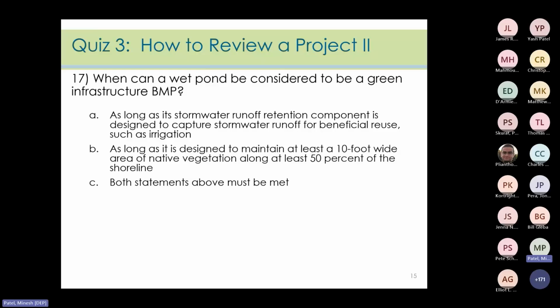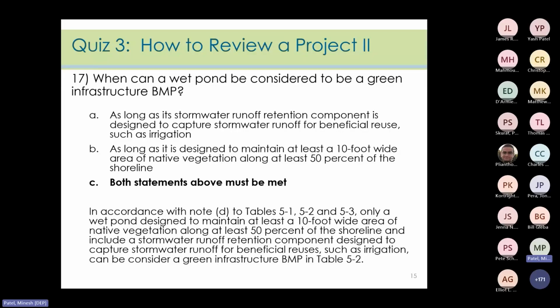Question 17. When can a wet pond be considered to be a green infrastructure BMP? And the answer here is C. Both statements above must be met.